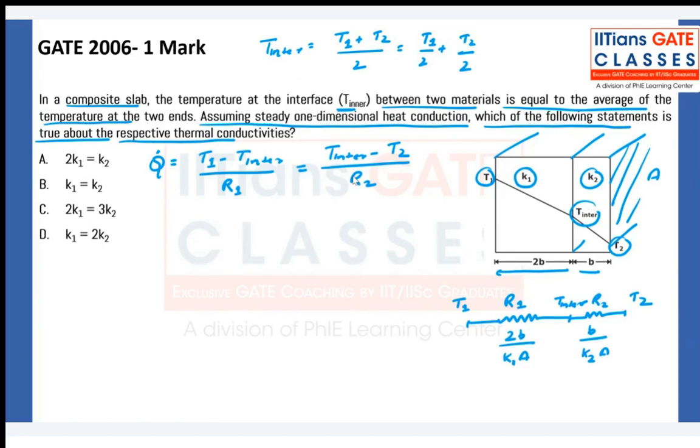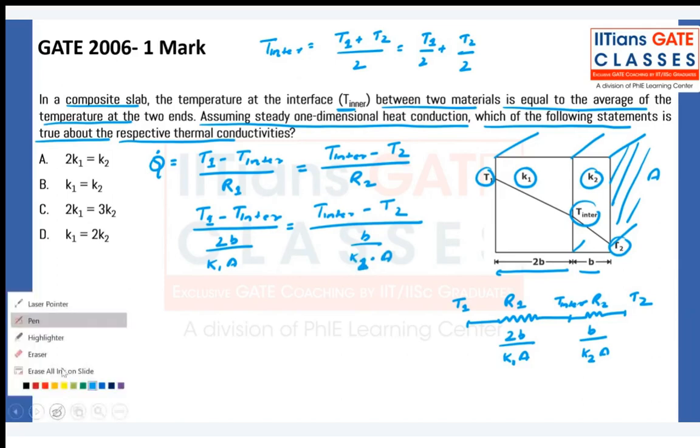Okay, very nice. Chalo. So I can write (T1 minus T interface), R1 is how much? 2B upon K1A. And what is this? (T inter minus T2) upon B upon K2A. So B and B I can cancel.